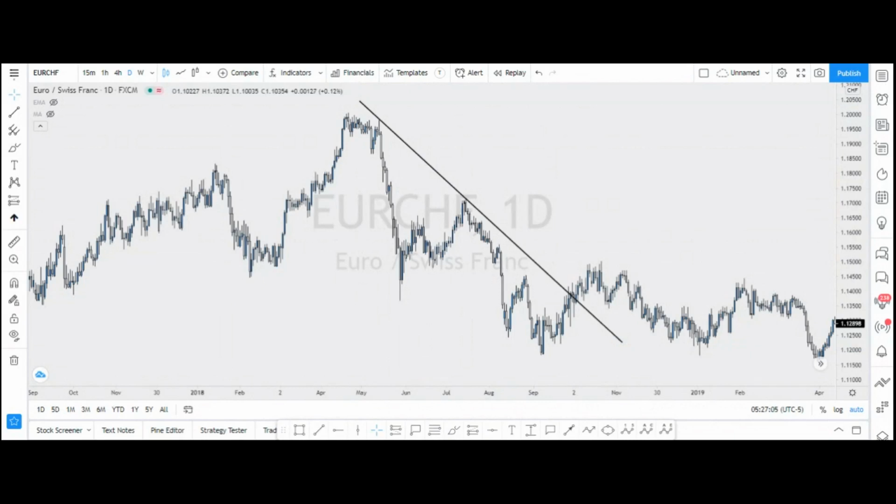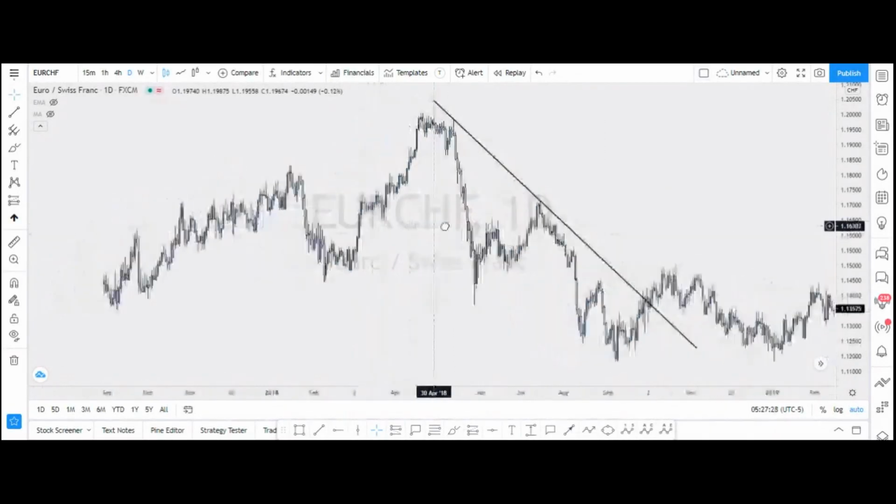Downward trend line. Yes, downward trend line. A resisting trend line, right? Because every time price came into it, it resisted and pushed to the downside. So it's either called a downward trend line or a resisting trend line, whatever you call it, it is what it is.